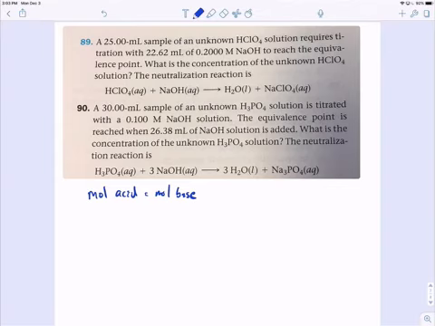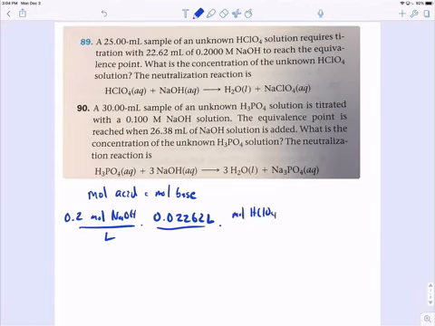Or you can do dimensional analysis, which never fails. The dimensional analysis way is this. It's the same idea of moles acid is moles base. So it would be 0.2 moles NaOH per liter times 0.02262 liters times moles HClO4 to mole NaOH divided by 0.025 liters.